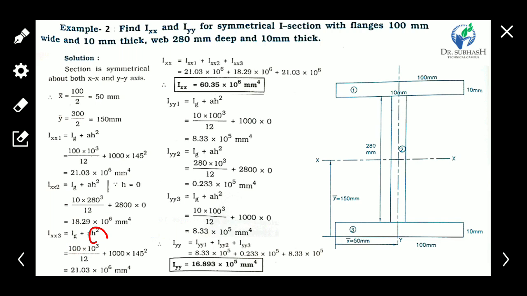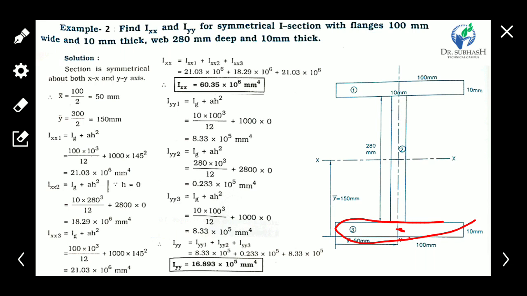Now area is 100 into 10, that is 1000. H distance: total is 150, but minus 5 because the CG of this element is at the middle of 10.